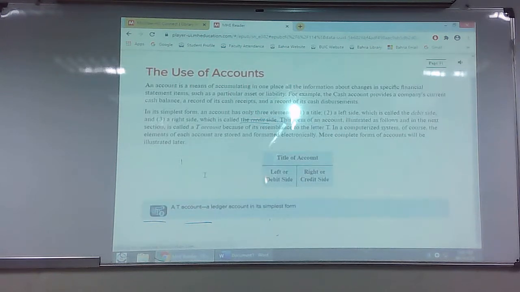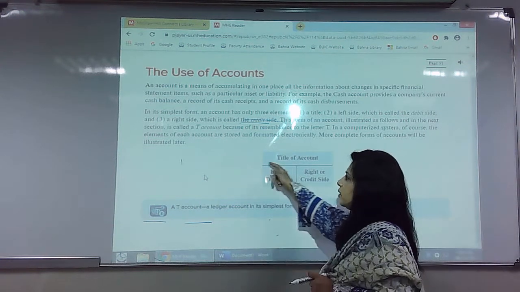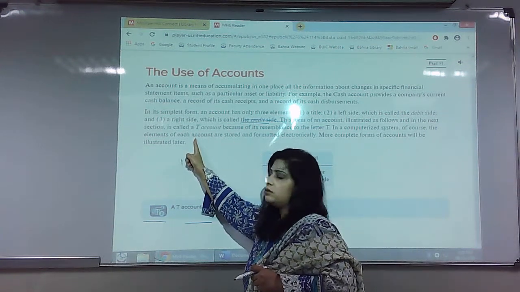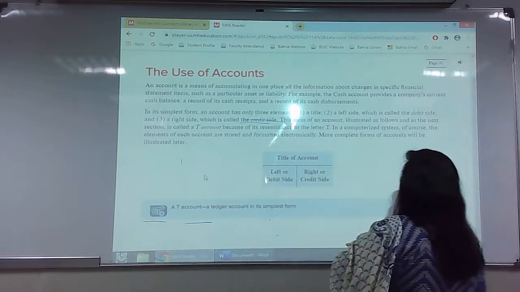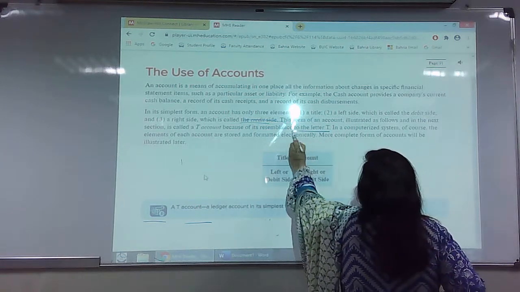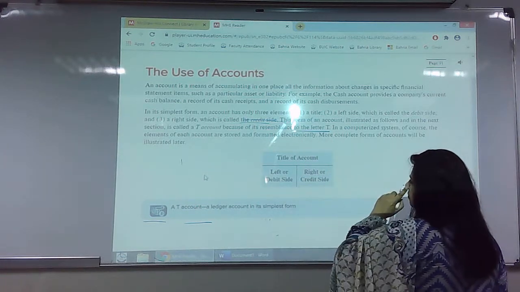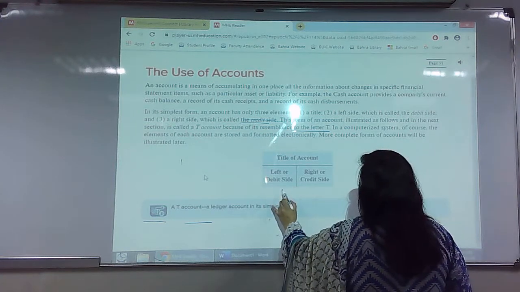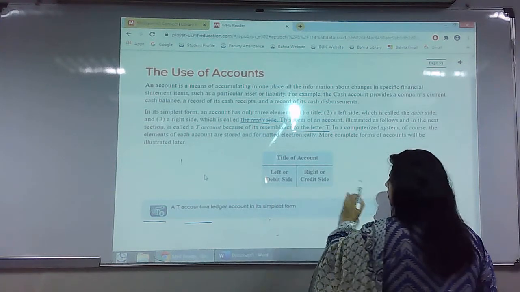So now the use of account. First of all, there's a type of account. A ledger is also known as a T account, called a T account because of its resemblance to the letter T. There's a left or debit side, and a right or credit side.